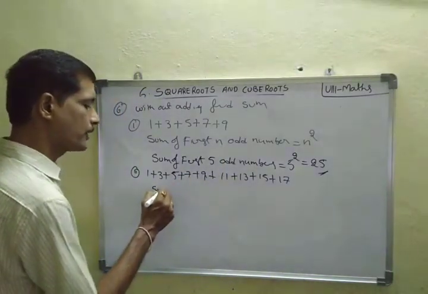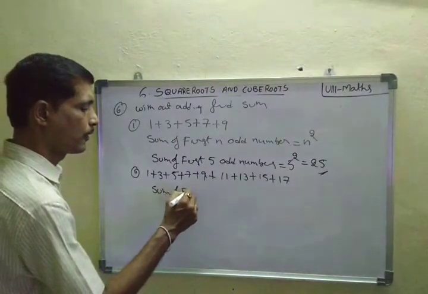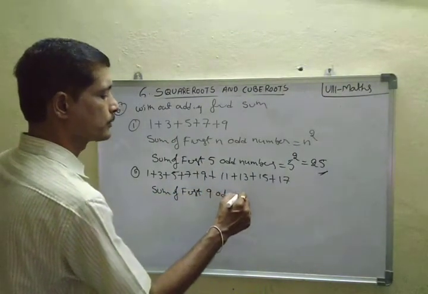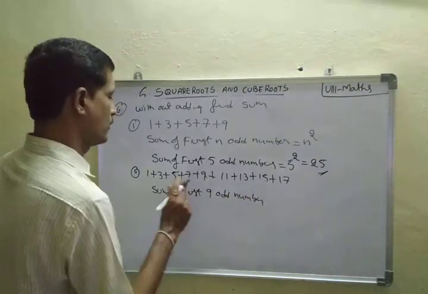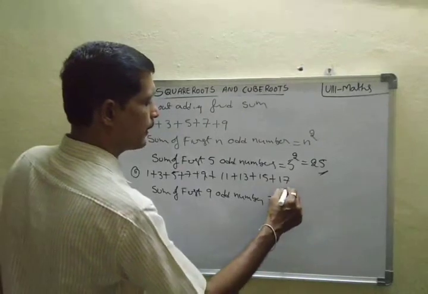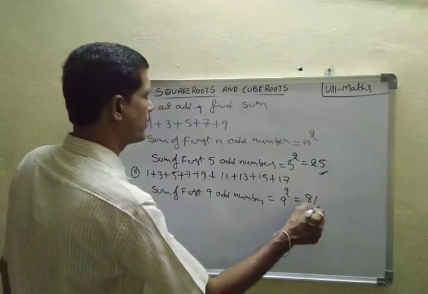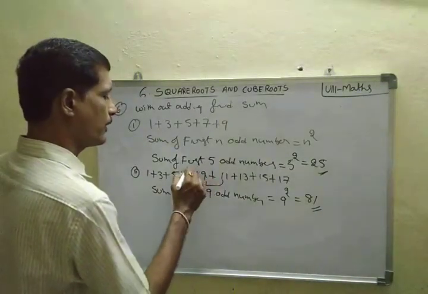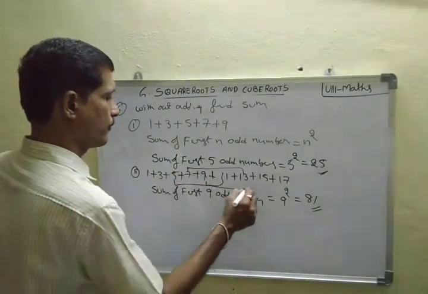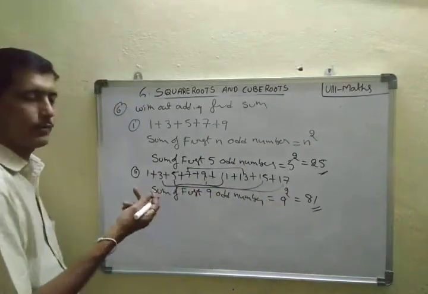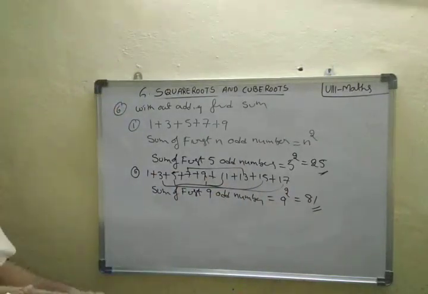Therefore the sum of the first 9 odd numbers equals 9 square, that equals 81. Is that correct or not? Count it. Okay?